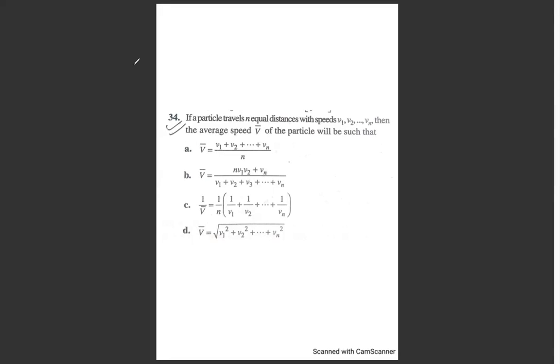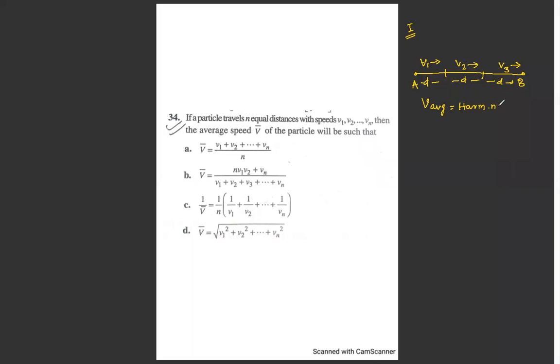There is one thing you have to remember while calculating the average speed. If you have not remembered, let me revise it once again. If I divide the whole path into equal parts, say the total distance is 3D and I break it into D, D and D, and in the first part the vehicle is moving with V1, in the second part with velocity V2, and in the third part with V3, then the average velocity is calculated as the harmonic mean of it.